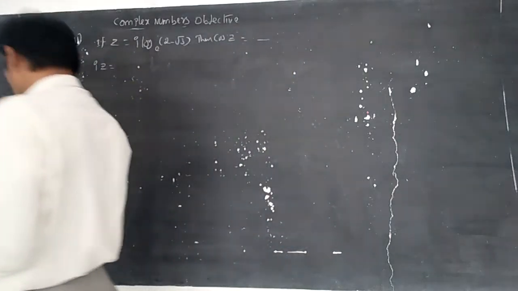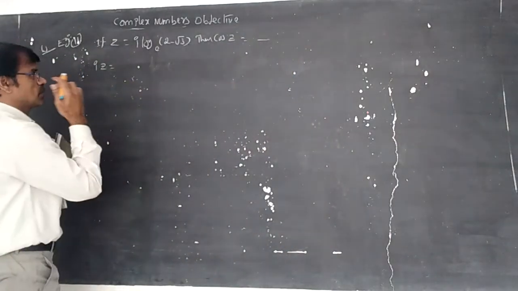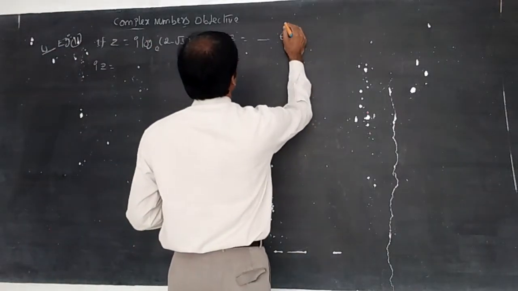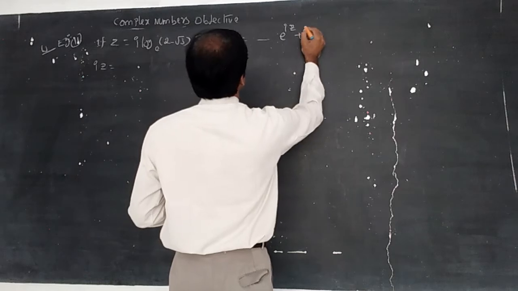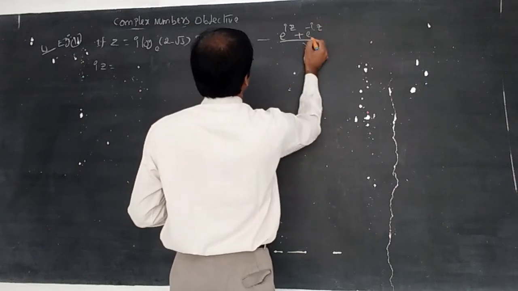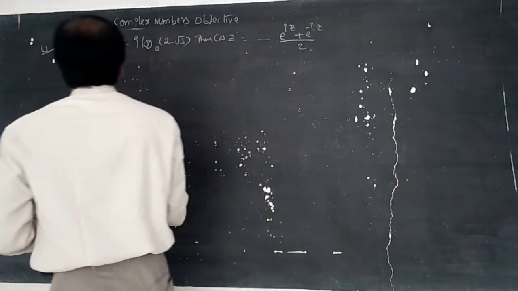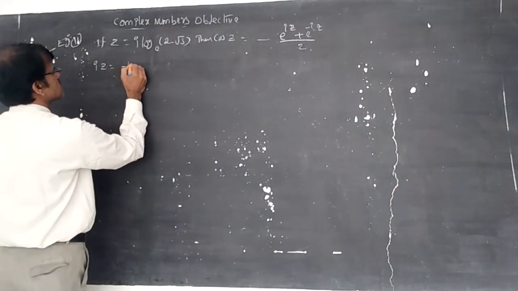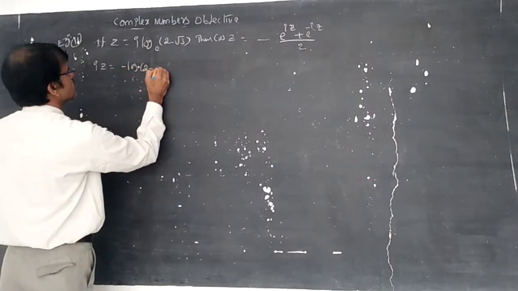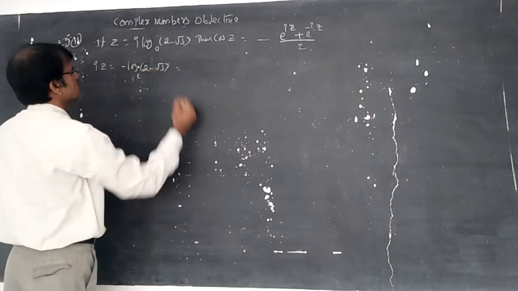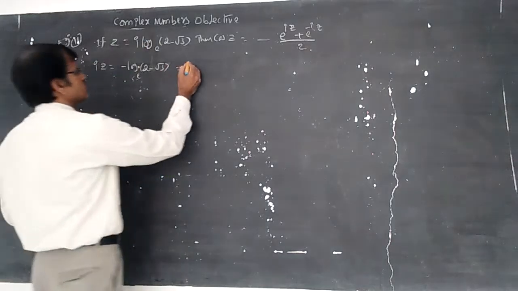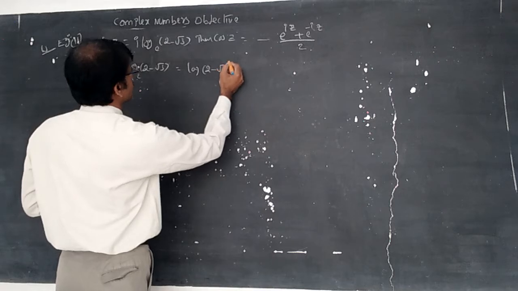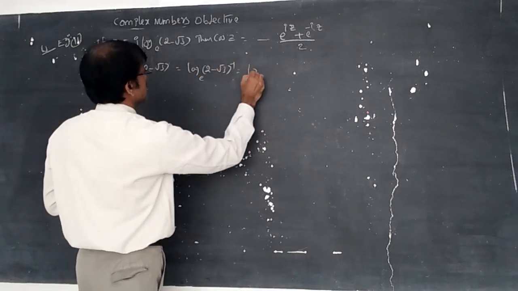So depending upon the sum, we can write e power i z plus e power minus i z by 2. So cos z, I am writing the formula, e power i z plus e power minus i z by 2. i z means multiply with i here. i into i becomes i square, so it is minus log of 2 minus root 3 to the base e. So minus is taken in the power: log of 2 minus root 3 whole inverse to the base e.